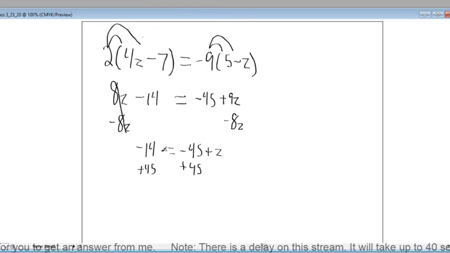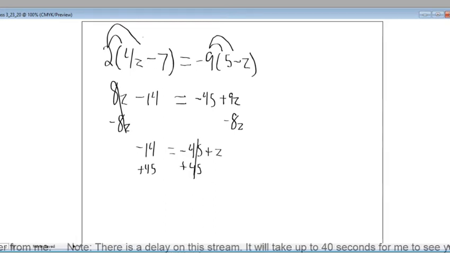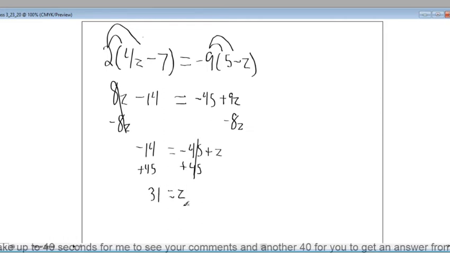Make sure it's always the same thing on both sides. And it cancels there. And then on the other side, we essentially have 45 minus 14. That's going to give us 31 left over. So we have 31 equals z. And there is our solution.